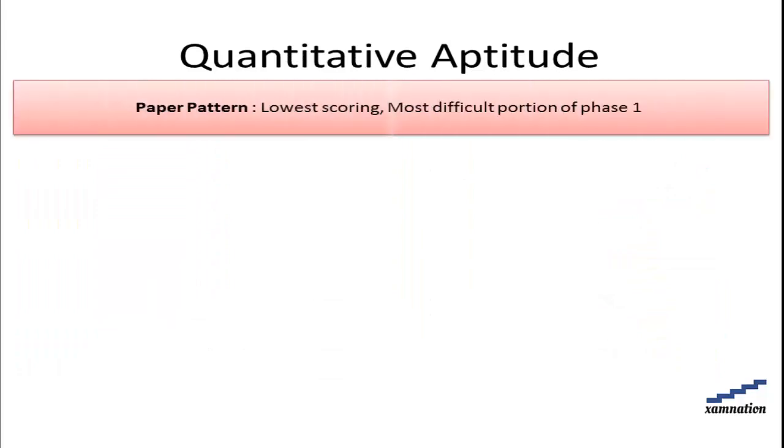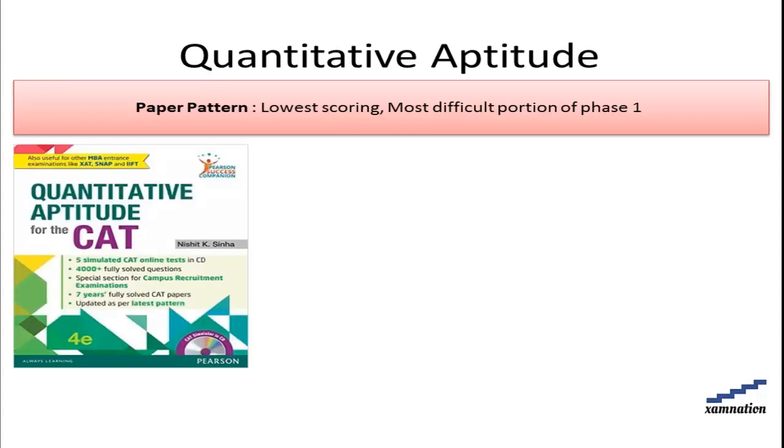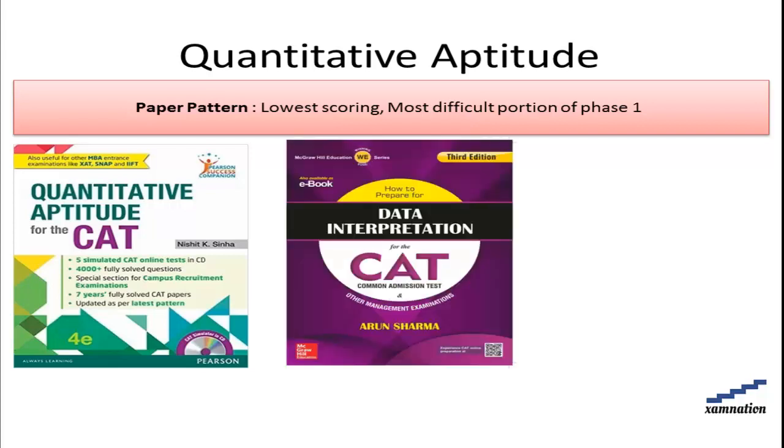So let's move to the quant section, which is the toughest of the paper. It is the lowest scoring, and it is also the most difficult portion of phase 1. For quant, we recommend that you follow CAT level books. Don't follow R.S. Agrawal or Arihant kind of books for bank PO or SSC, but follow CAT level books like Arun Sharma, Nishit Sinha, right?